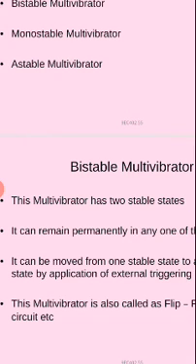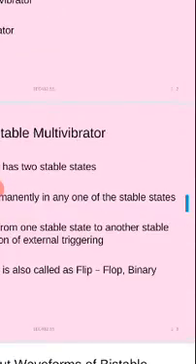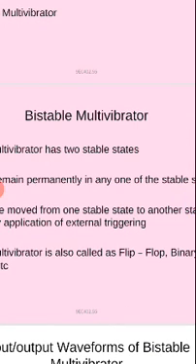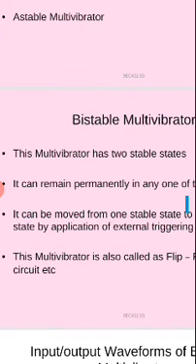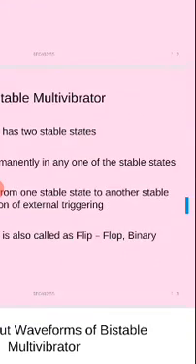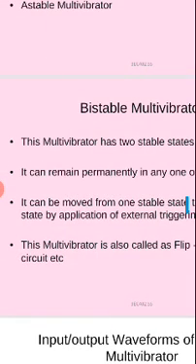It can be moved from one stable state to another stable state by application of external triggering. This multivibrator is also called flip-flop, binary circuit, etc.